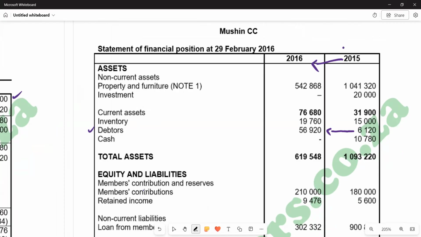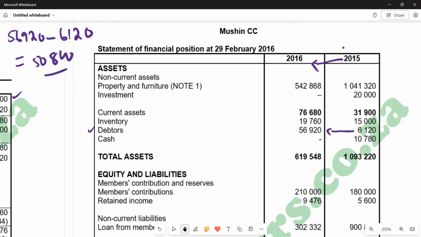So this is an increase. So to find the increase now, we are saying 56,920, and then you subtract your 6,120. And obviously, we calculate that, we're going to find the figure is 50,800. So this is an increase of 50,800.